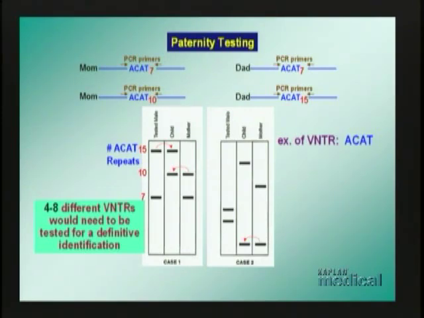And if in all cases there's always matching, the child did have a VNTR that was inherited from the tested male, at that point you can get rid of "could be" and use the word "is" the father of that child. So this is used in paternity testing. This can also be used for genetic fingerprinting, and for forensic medicine and things like that.